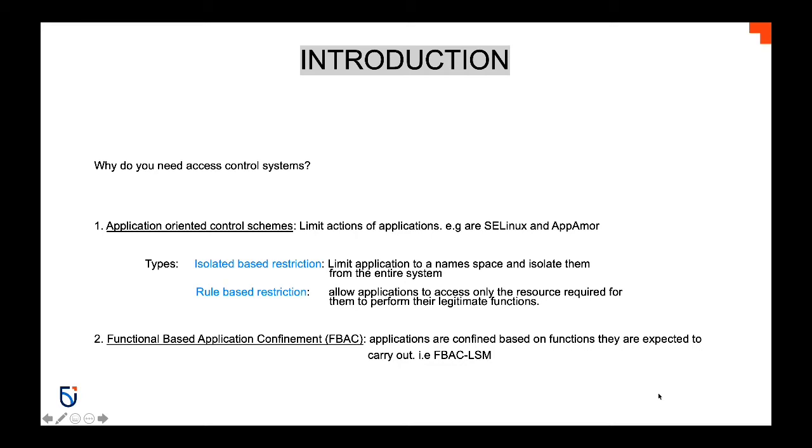This approach also comes with its own complexities, since different granular rules have to be created to grant access on a need-to-use basis. And as we can all see, the application control scheme, no matter which one is used, whether the isolation-based restriction or the rule-based restriction, already poses some form of usability issues. It makes it difficult for end users to confine their own applications.